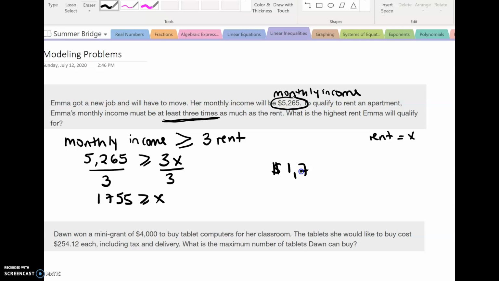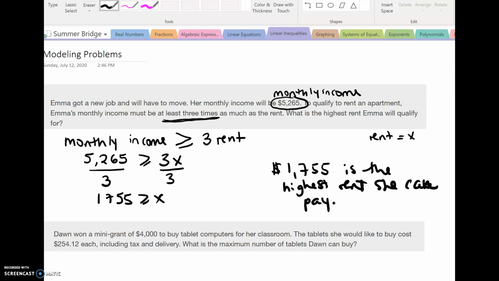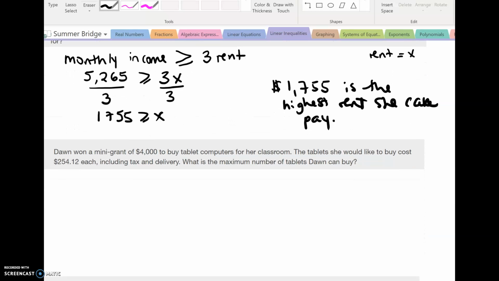So 1,755 is the highest rent she can pay, which means she can pay less than 1,755, but she cannot pay more than 1,755. Okay. So the next one.